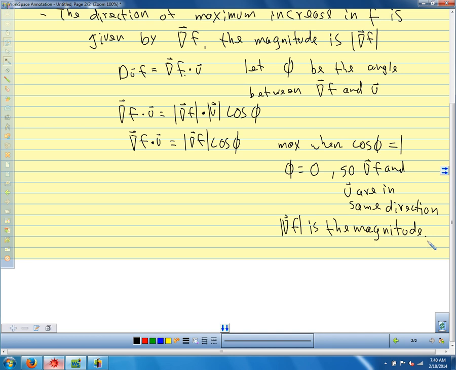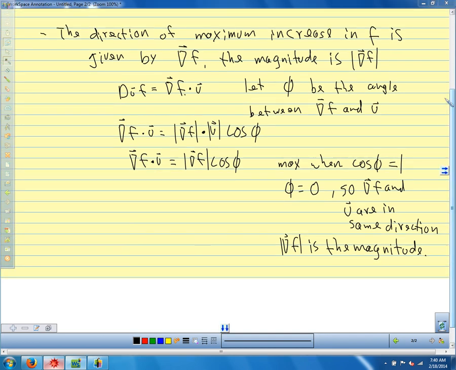And we said our third property is related to this second property. We said the direction of the minimum increase or the maximum decrease is the opposite direction of del F. Well, that happens when cosine phi is -1, or phi is 180.